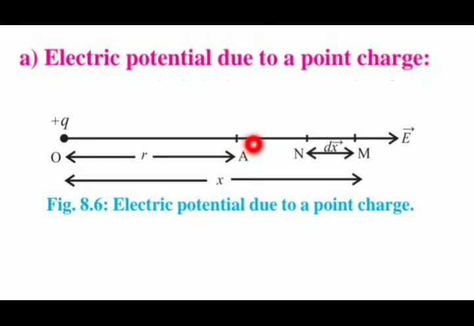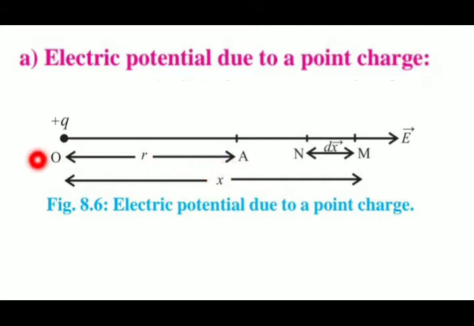As the work done is independent of the path, we choose a convenient path along the line extending OA to infinity. So let M be an intermediate point on this path where OM is equal to x.